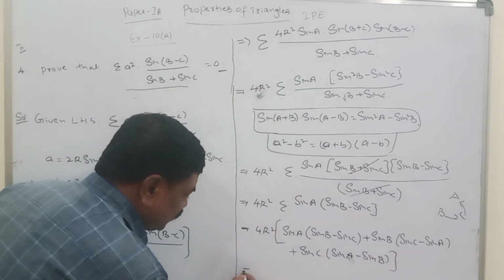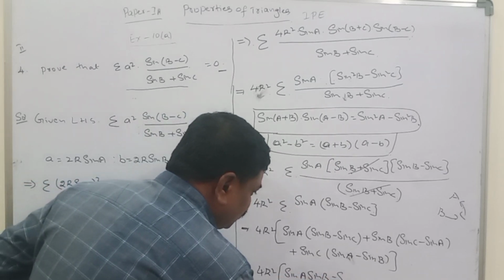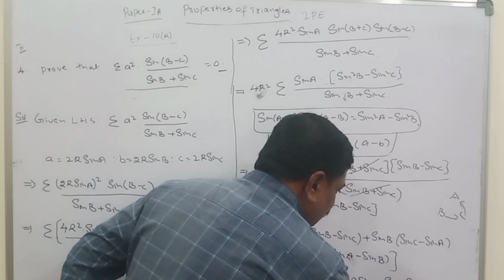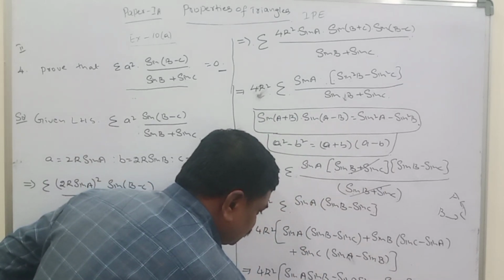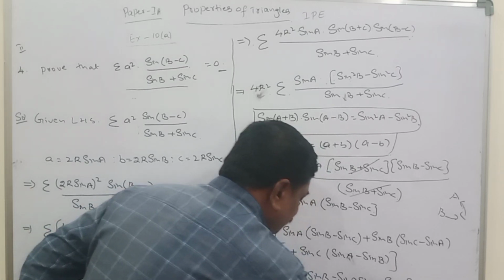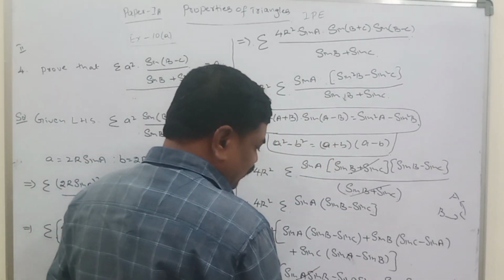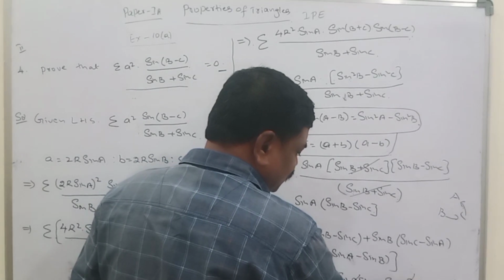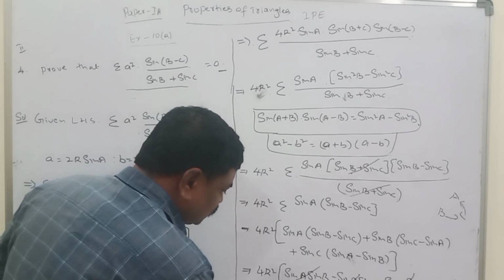This can be written as 4r square into sin A sin B minus sin A sin C plus sin B sin C minus sin A sin B plus sin A sin C minus sin B sin C. You observe here sin A sin B minus sin A sin B, sin A sin C minus sin A sin C, and sin B sin C minus sin B sin C. So 4r square into 0 is equal to 0.